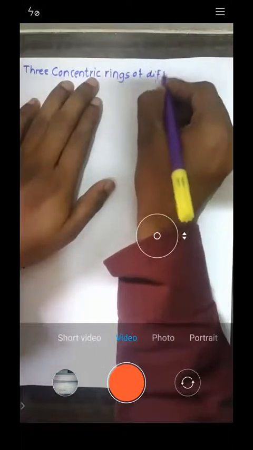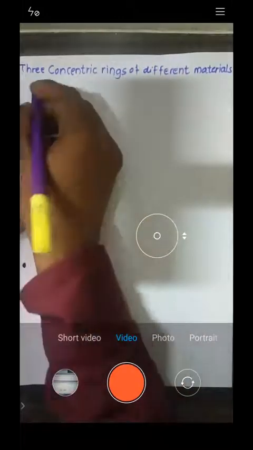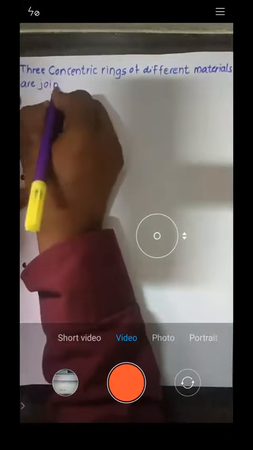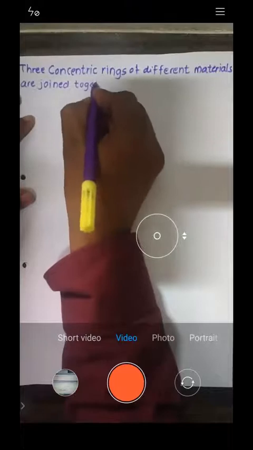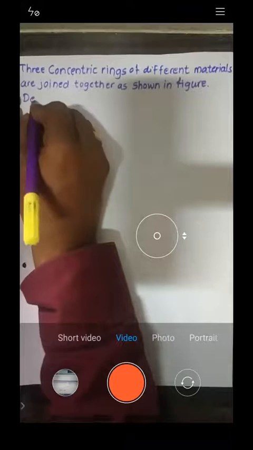See this problem: three concentric rings of different materials are joined together as shown in the figure.